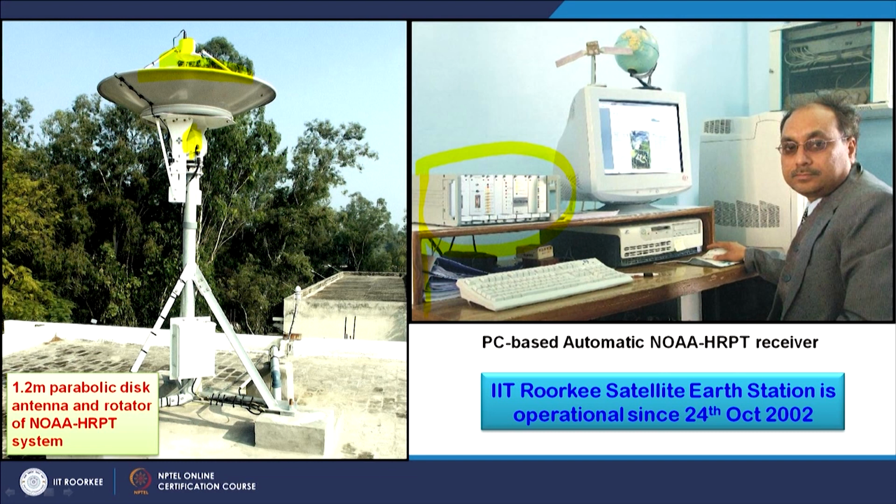So, this disc has the capability of tracking any of these NOAA satellites which are in space, whereas the internal component has the receiver. Lots of cables are connected to it, one USB is in the system, and there you have software which is generally called the grabber.